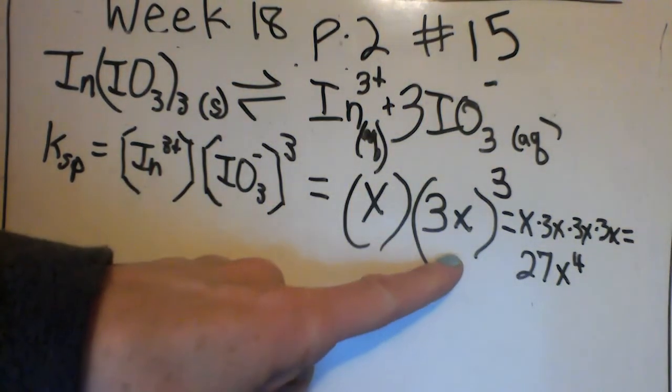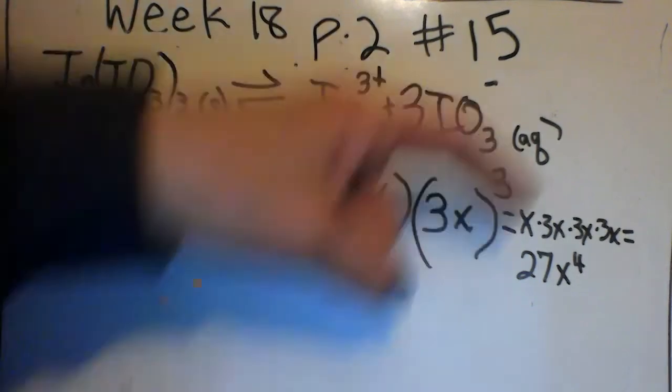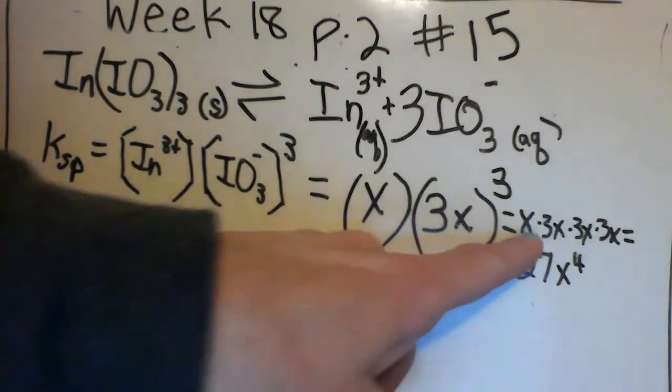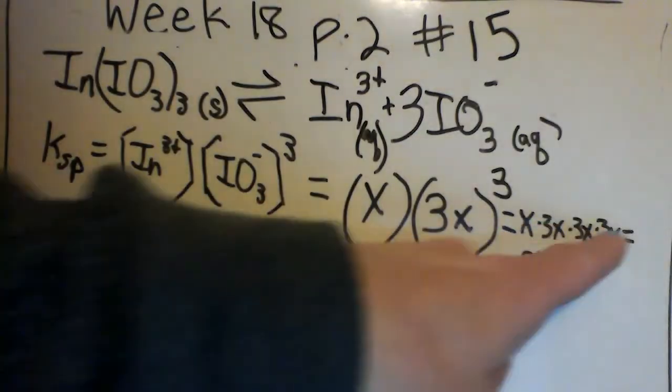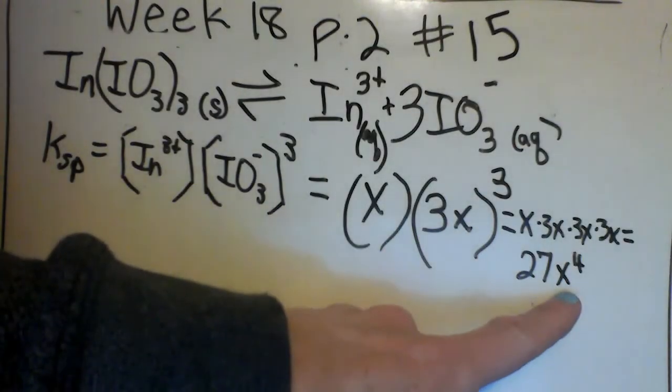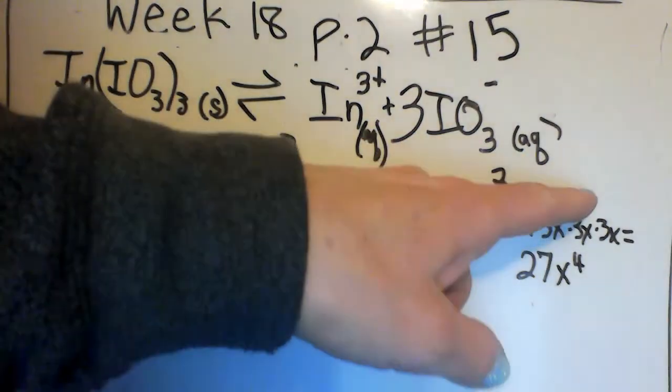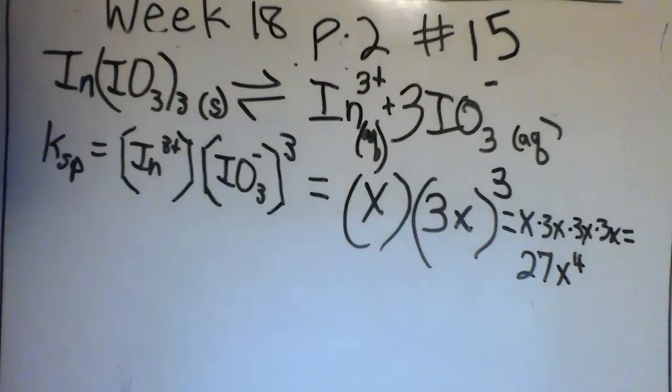So I wrote out the 3x cubed as 3x times 3x times 3x, and I put the x here. If you notice, there are 4 x's being multiplied, therefore the x is going to have an exponent of 4. 3 multiplied by 3 multiplied by 3 is 27.